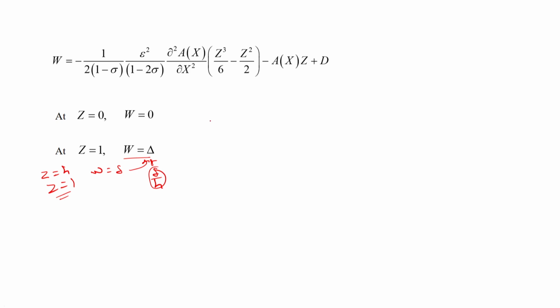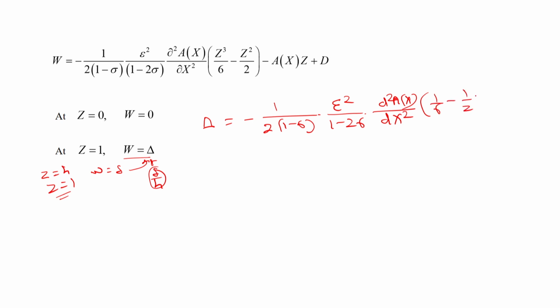Remember delta by h, that is the thing. So, this is w, equal to minus 1 by 2 into (1 minus sigma) into epsilon square by (1 minus 2 sigma), and here d square of a of x by dx square, and this is at z is equal to 1. So, it is 1 upon 6 minus 1 upon 2 minus a of x, z is equal to 1 there.